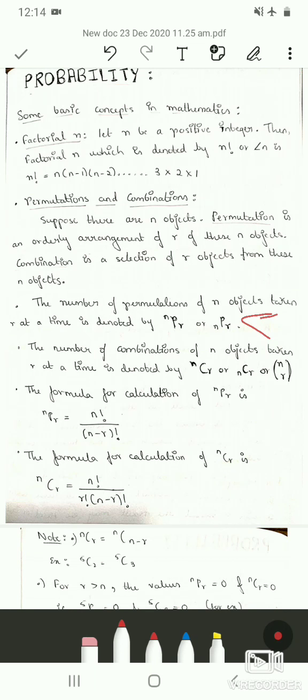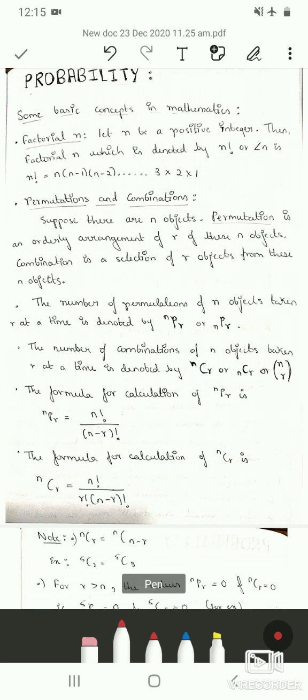And the number of combinations of n objects taken r at a time is denoted by nCr. Combination is denoted with n in the prefix, C, and then r in the suffix, or both n and r can be represented in the suffix, or it can be written in this form, and it is read as nCr.